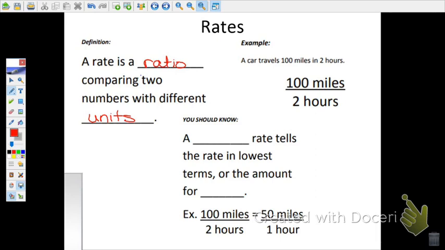An example says a car travels 100 miles in 2 hours. So it's 100 miles in the numerator, 2 hours in the denominator. So we're seeing different units.